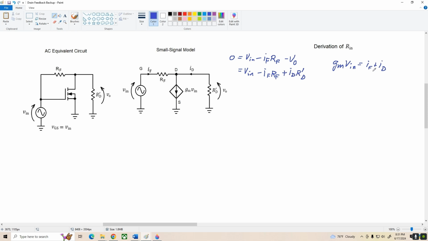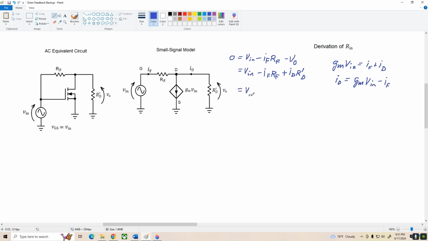Okay, so if we solve this for I sub D, it is equal to gm times V in minus I sub F, and we can substitute this into this term right here. Okay, let's go ahead and do that.